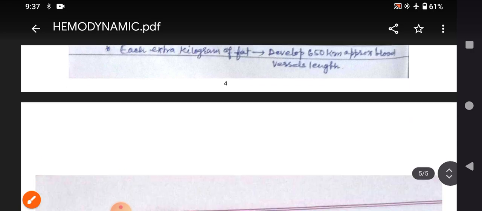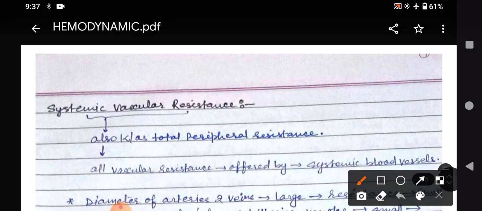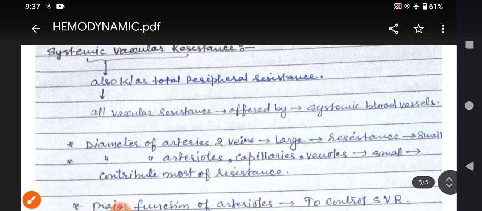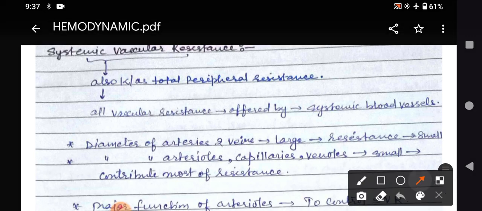So now we will see what is systemic vascular resistance, or you may say total peripheral resistance, or SVR. SVR is nothing but the vascular resistance offered by systemic blood vessels.